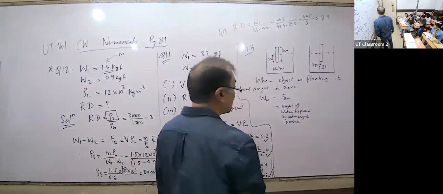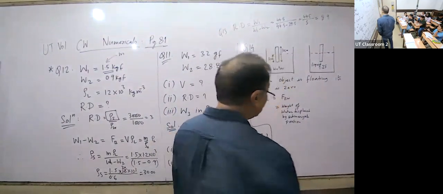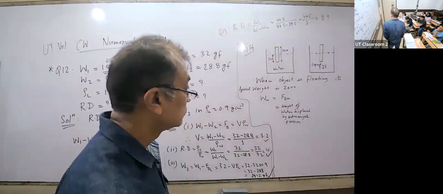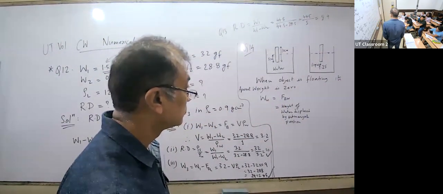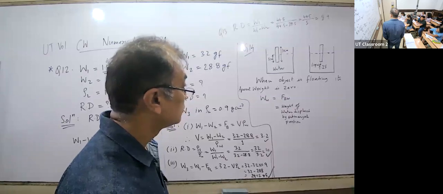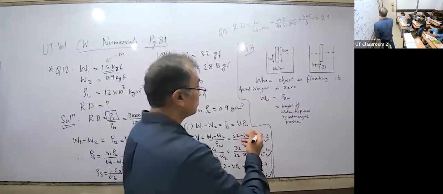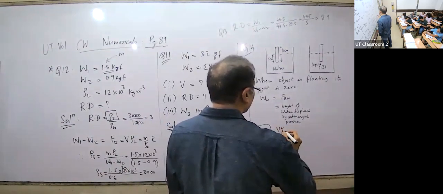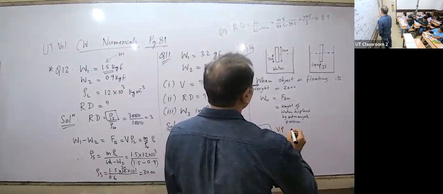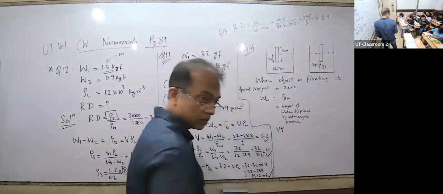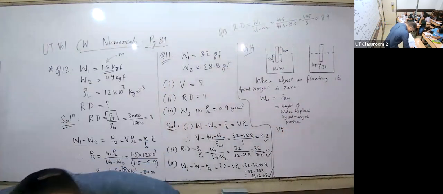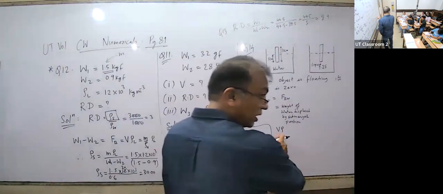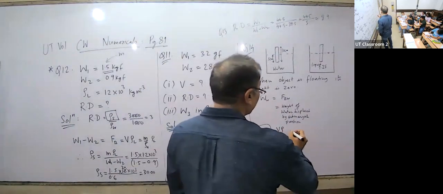What is the weight of object? Its volume, its density, gravity. Is it given in CGS? Is the whole sum in CGS? Yes, so forget it. So this is the weight, mass, gram force. We are writing it in gram force.